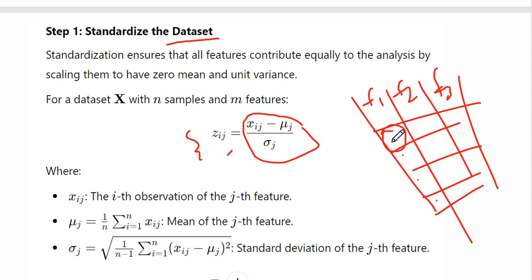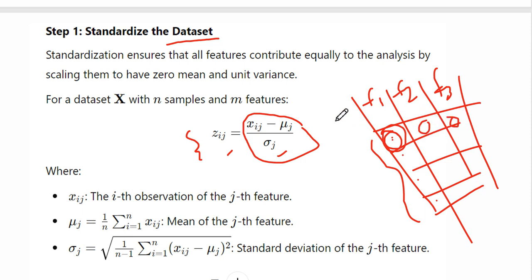Xij is the value in this feature, minus the mean of this feature, divided by the standard deviation of that feature. By that formula, we standardize the cell value, and like this we standardize each and every cell value.